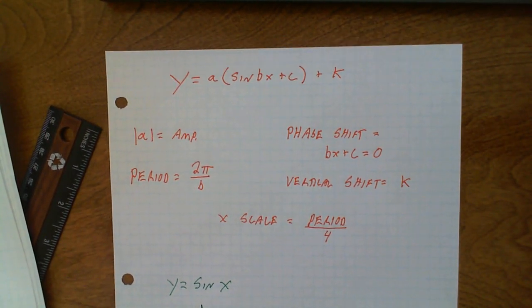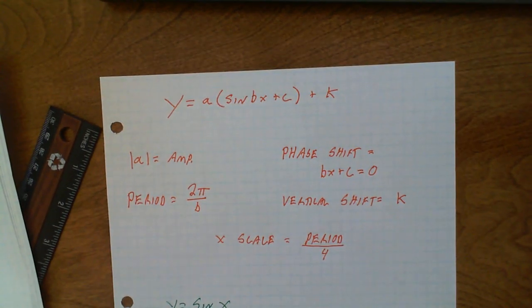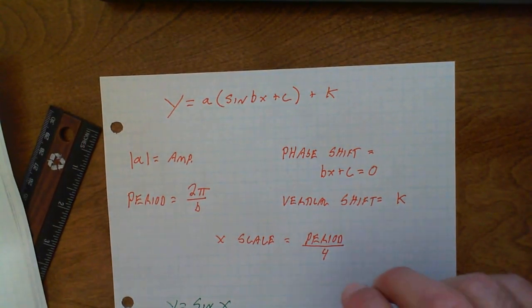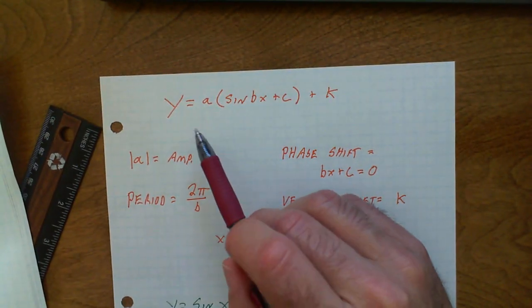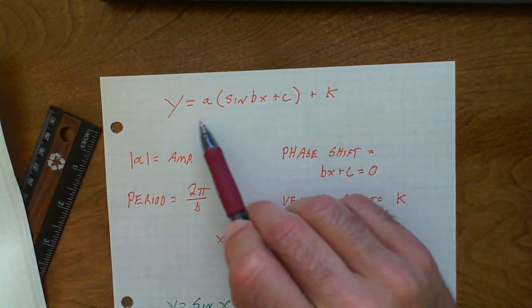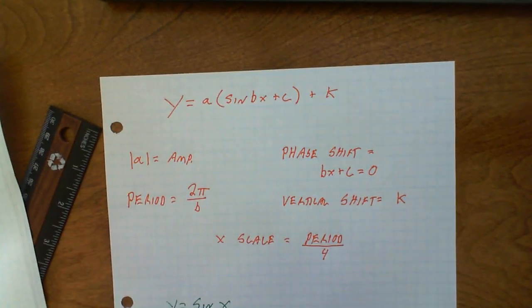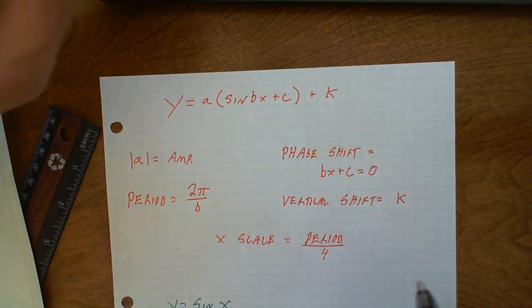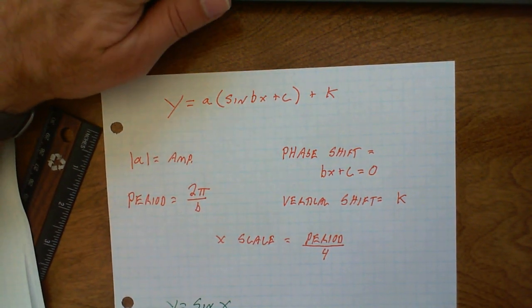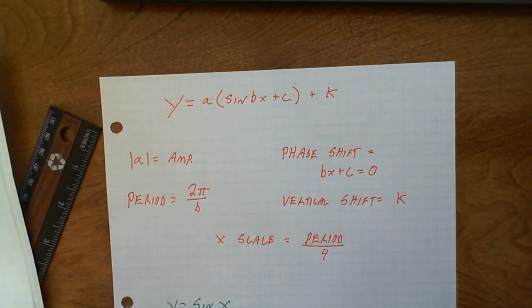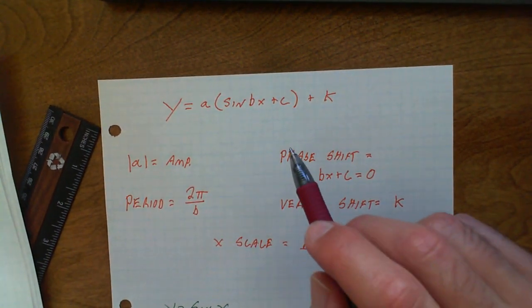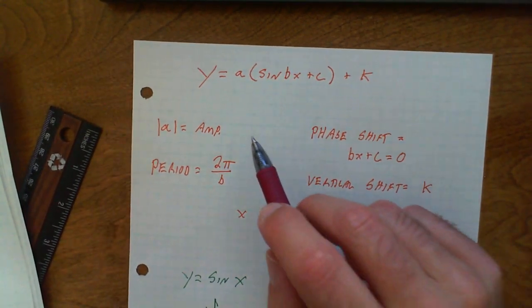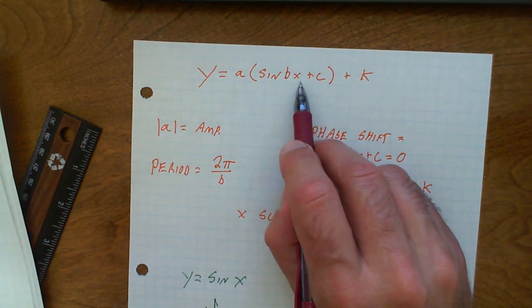Now here's how we're going to graph this, okay? First thing I want you to do is write this down. This is the function with all of the parameters. Now as we're looking at this, these are the letters that are going to represent the parameters.